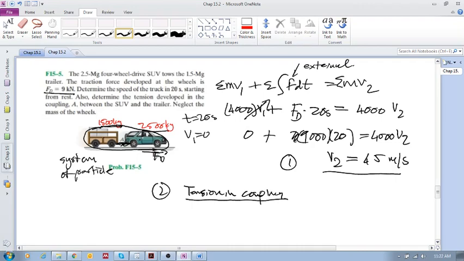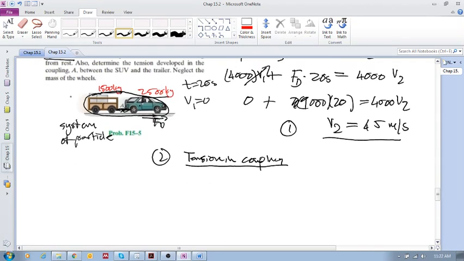Okay, so now guys, we change our system. You can choose the trailer as your system, or you can choose the truck. So let's call this trailer, let's call this truck. Draw the free body diagrams for the trailer, just in the X direction.